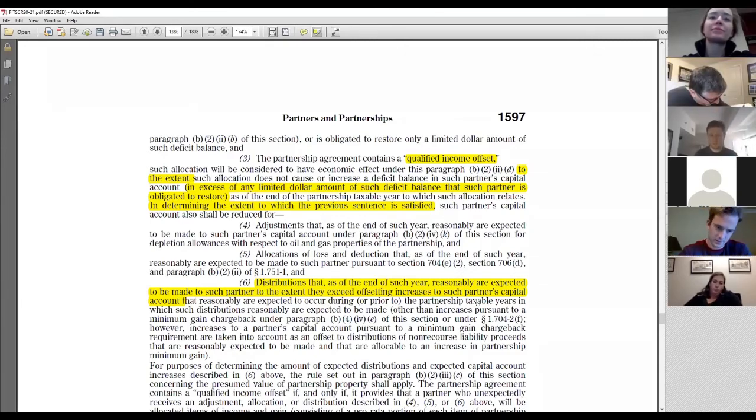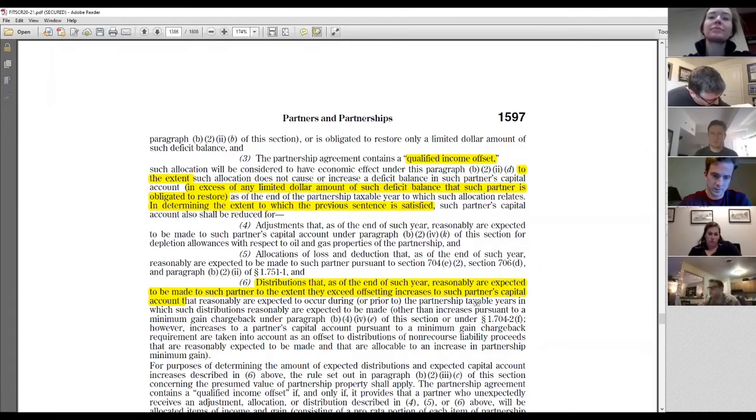Think of any examples of a situation where you receive a distribution in the future that's not matched by a capital account increase. Again, distribution of future profits, that's not a problem. How could you receive distributions without also receiving a capital account increase? Well, what if the partnership borrows money and then distributes the money to you?